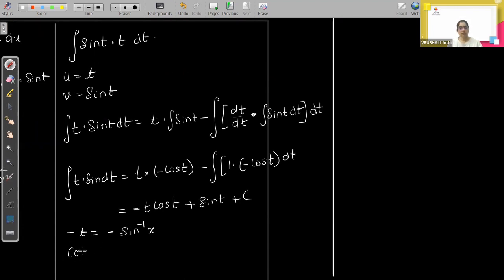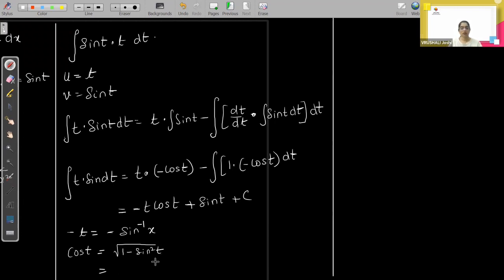And what is cos t equal to? We can write cos t as the root of 1 minus sin square t, correct? And sin square t is 1 minus x square, correct?